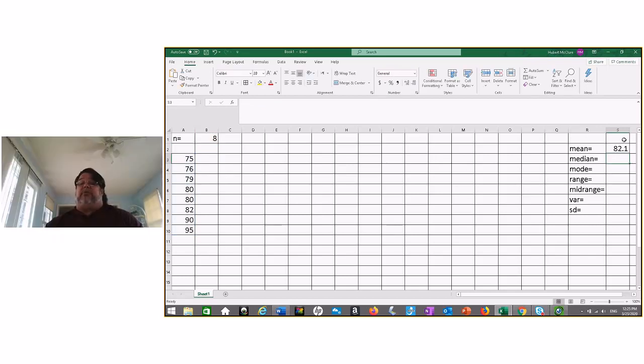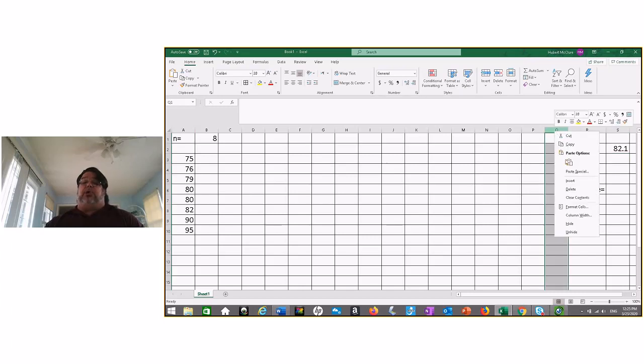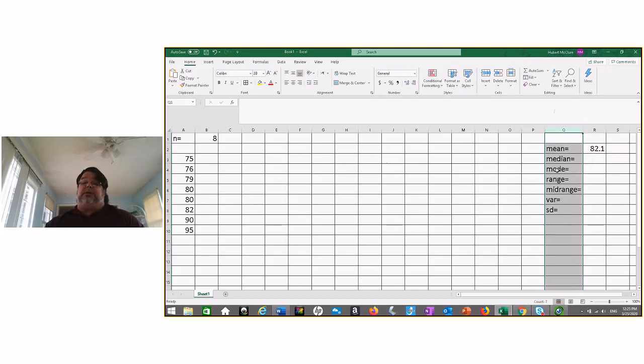Now I want to carry this to 3 digits, because most of your books and tests, they want to carry it at least to the 2nd digit, so I'm going to carry mine to the 3rd. Most tests and homework will carry it to the 10th or to the 100th. They'll say type in to the nearest 100th or to the nearest 10th. This one I'm going to carry out to 3 because of that.